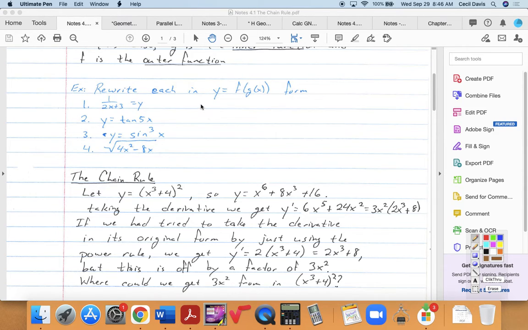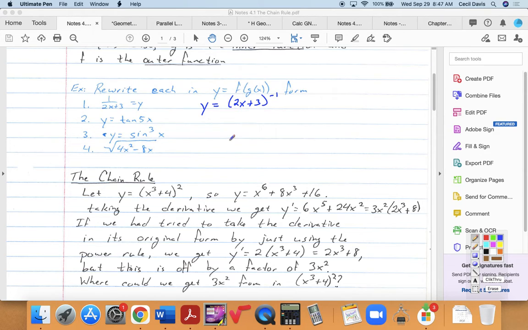Yes. So it'd be y is equal to 2x plus 3 quantity to the negative 1 power. So now we have an inside function of 2x plus 3 and an outside function of a power of negative 1.